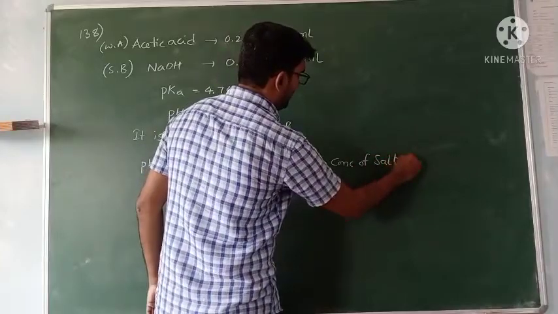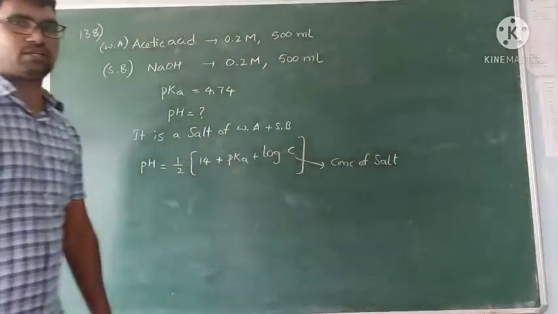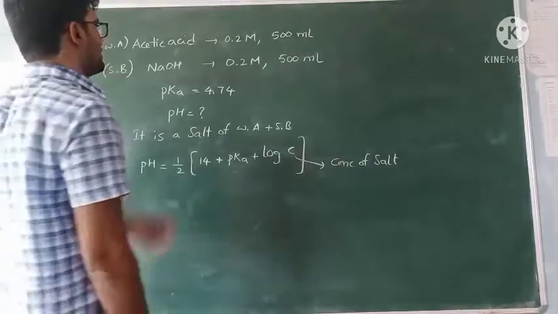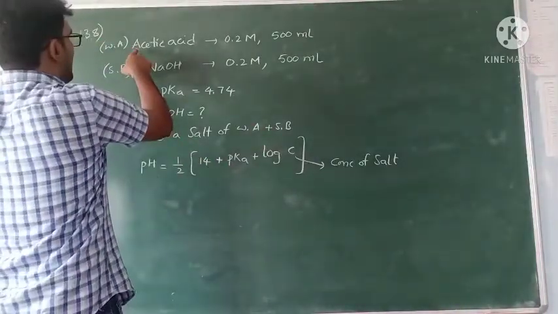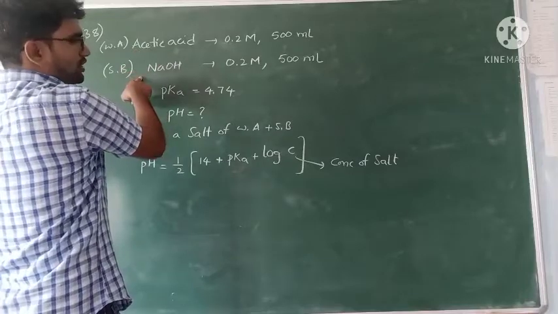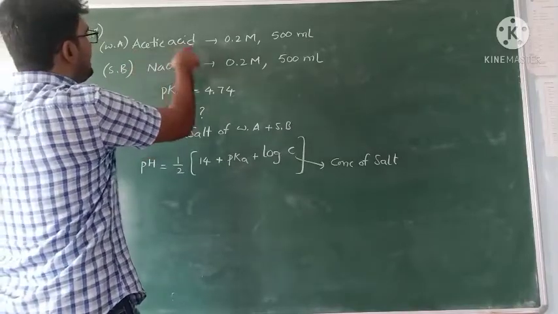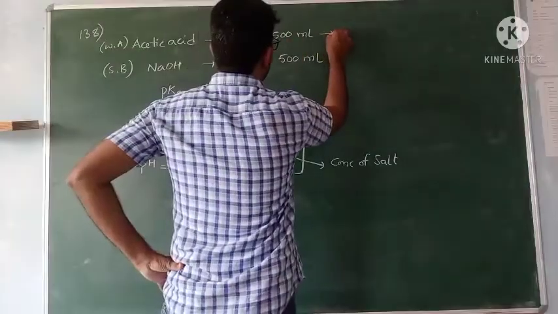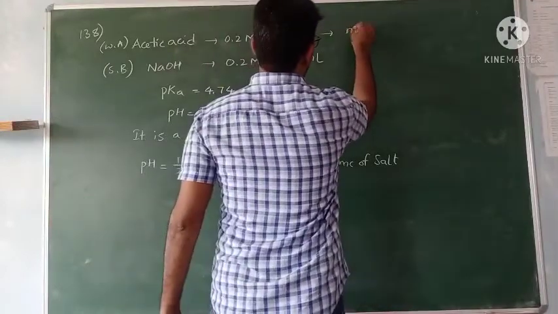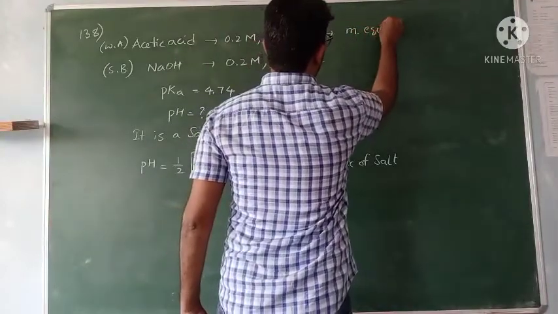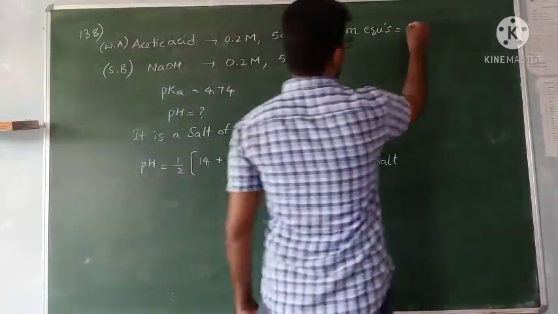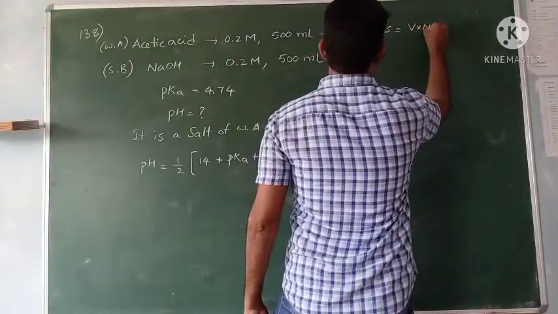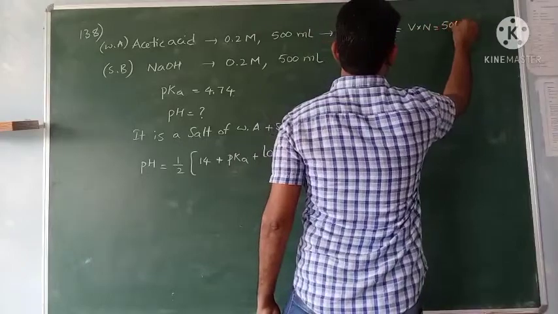First we have to calculate the concentration of salt. How can we calculate it? It is very simple. Concentration of salt means acetic acid and NaOH. How many milliequivalents of acid is present? Milliequivalents is equal to volume into normality, V into N. Volume is equal to 500.